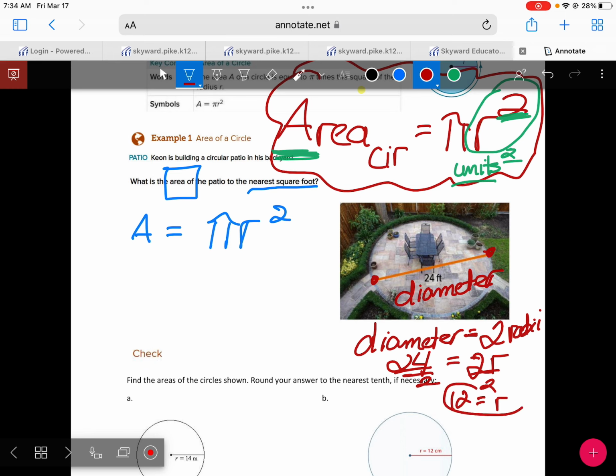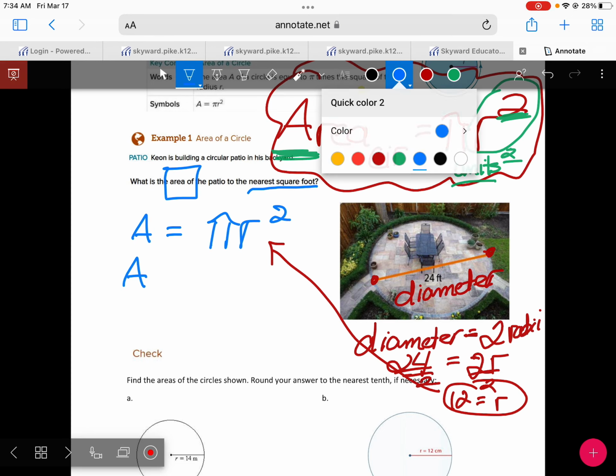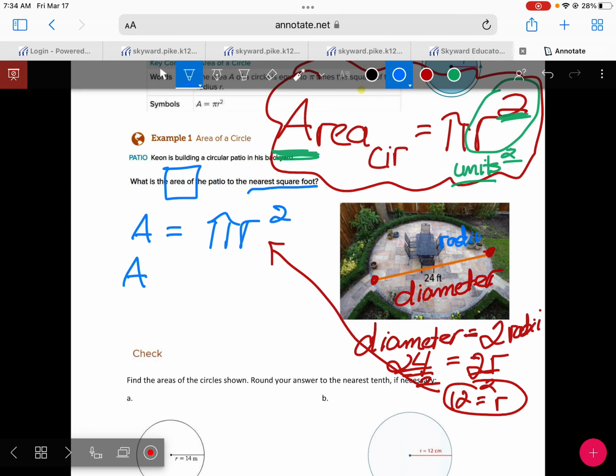So 12 is what I'm going to substitute up here. So be careful and check, are they giving you the diameter? Are they giving you the radius? The radius is the shorter word, and that is this length out to the end. So area is pi times a radius of 12 squared.